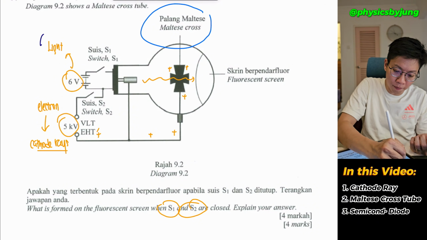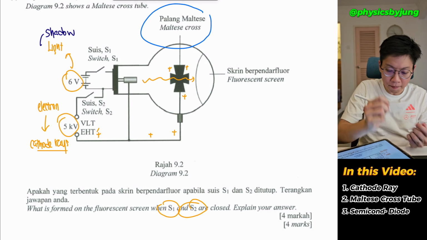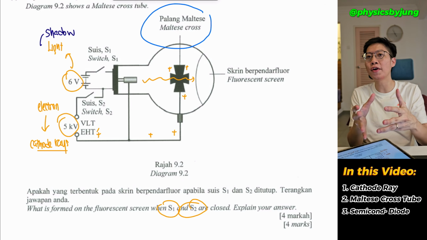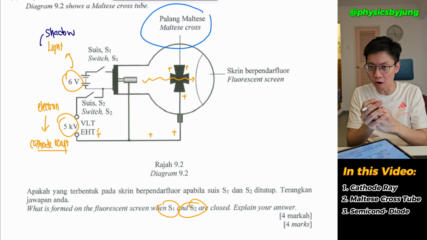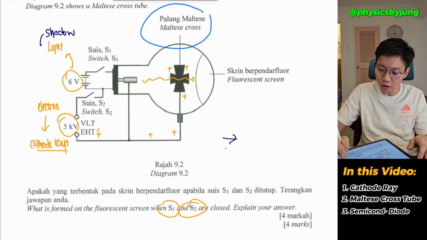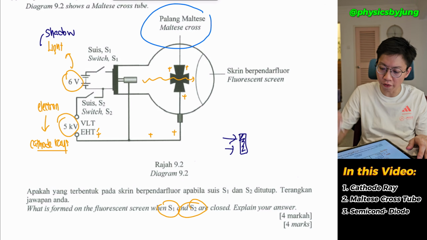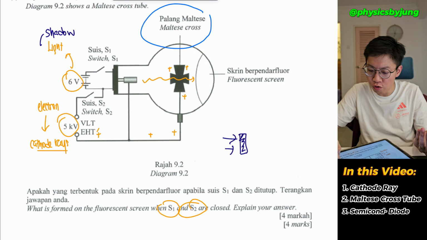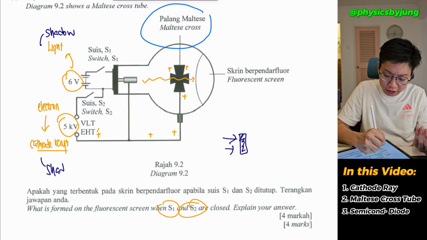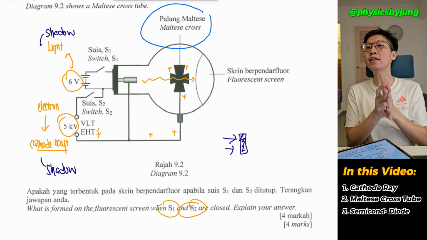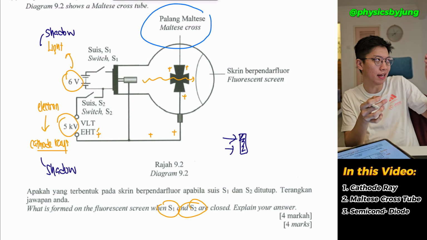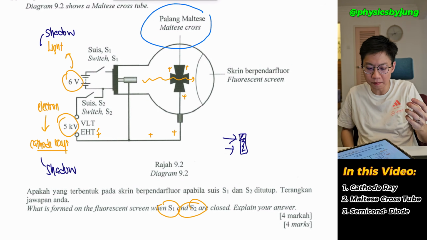So light will produce a shadow, but of course, if your cathode ray, if it gets blocked, so imagine the cathode ray move, then suddenly you block the cathode ray. So what will happen at the back? You also get another shadow. Okay, the only difference here is that light can be like white light, yellow light like that, right?